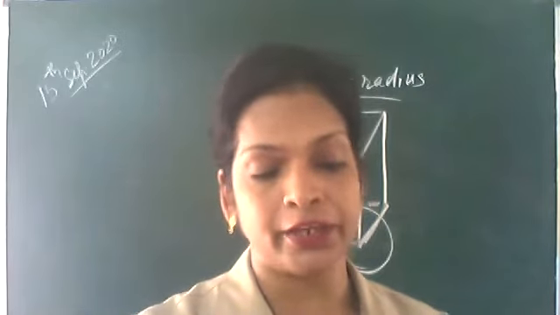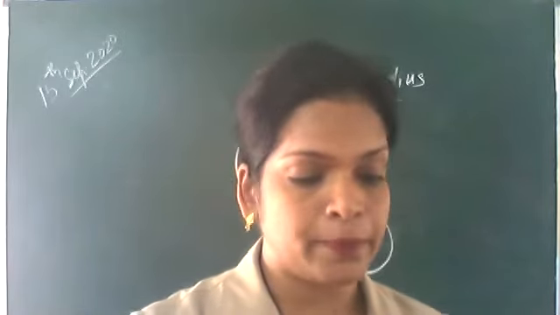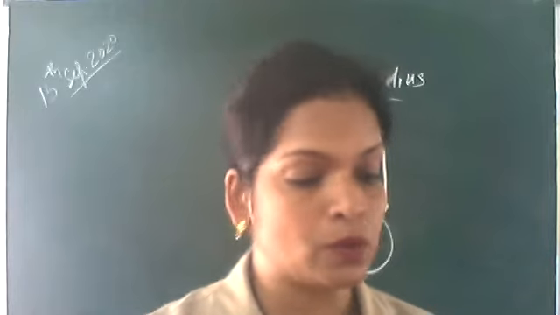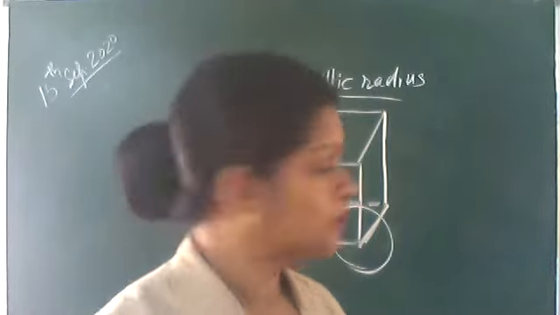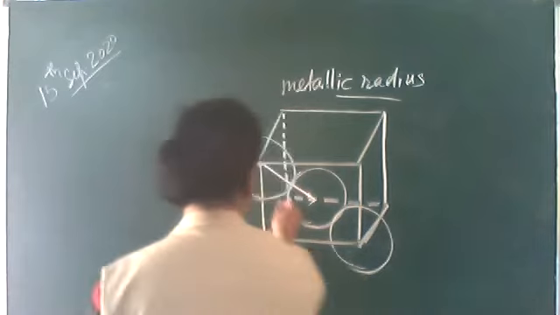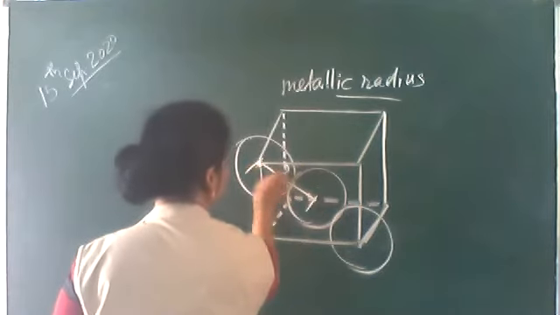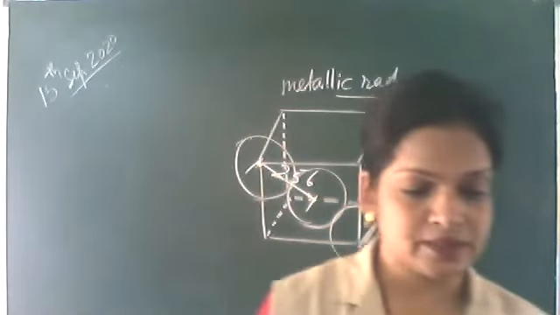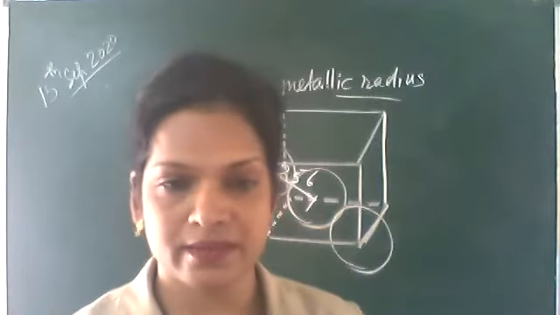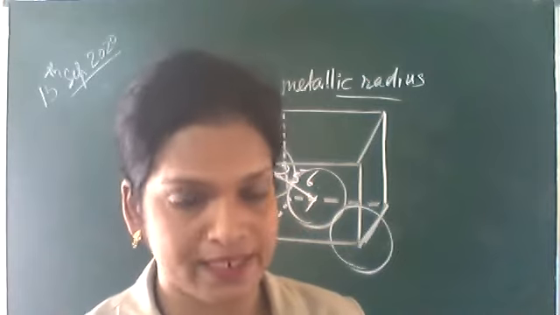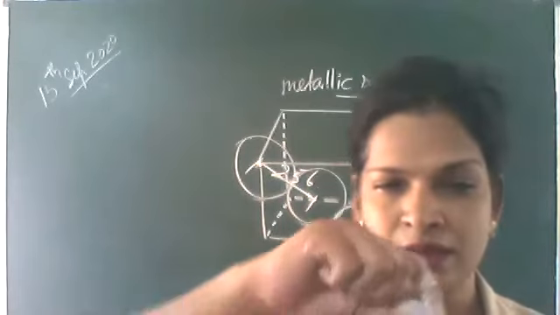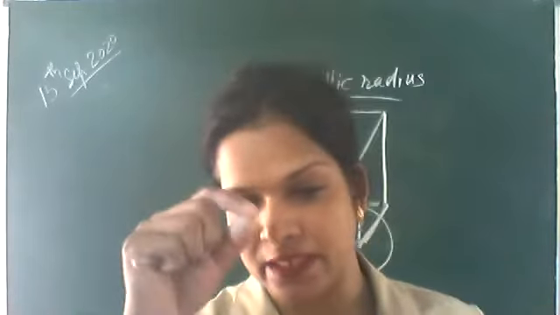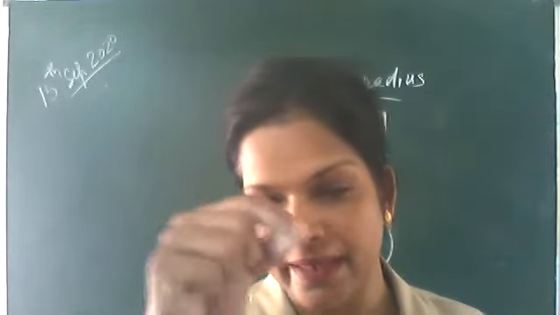So here, if this is 256, from here to here, half of that, that is 128, that is the metallic radius. Core means not the outer shell, it will be touching that. The next means the penultimate shell.